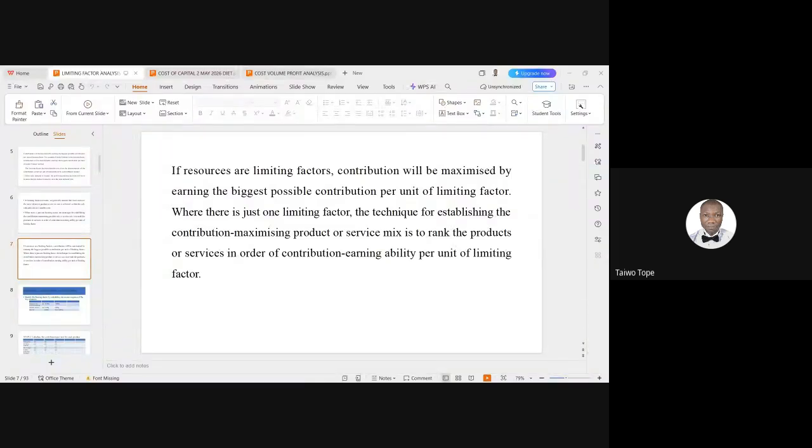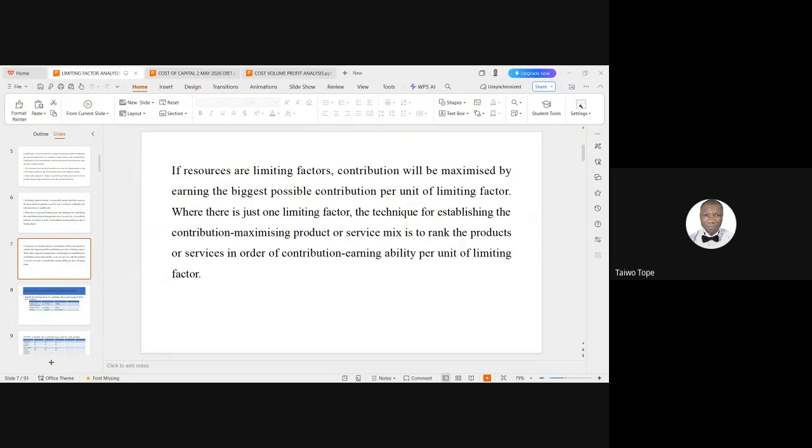Now, before I show my steps in the slide, let me just say some of the steps. Number one thing you must do once you're trying to solve a limiting factor question is to identify the limiting factor. The examiner can be very tricky when it comes to this aspect, which is the first thing you have to do.